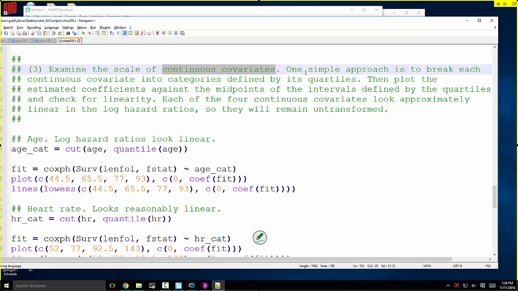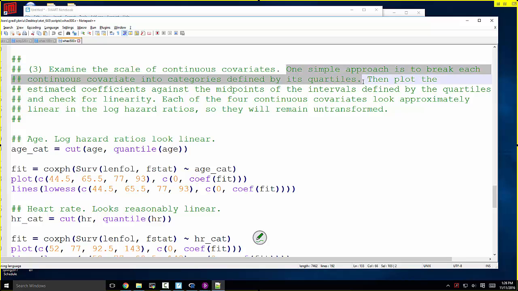If I want to ask, does it look like there is a linear pattern between a covariate and log hazard, one way we could do it is to break the continuous covariate into categories. So bin it into low values, middle upper values, and high values.